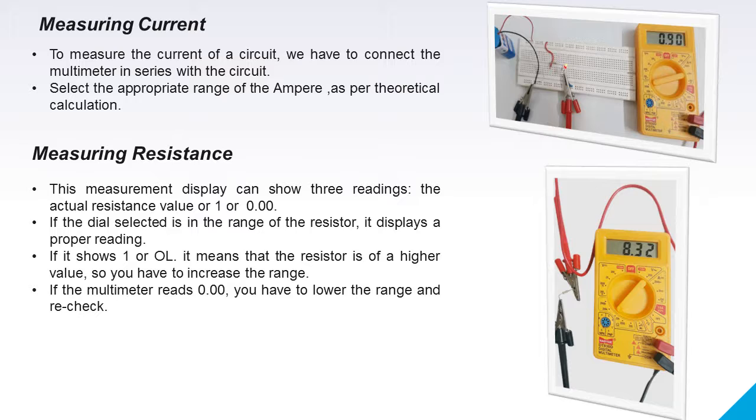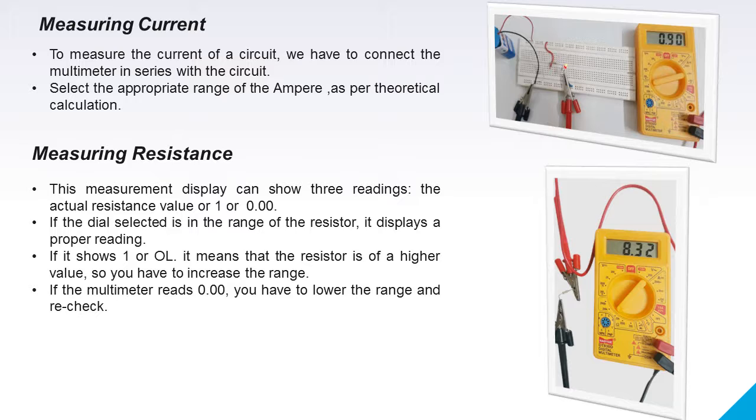Put the selector switch in the resistance mode, and you will see the value of resistance, that is 8.32 ohm. It means you have selected the correct range, so it will show the actual value. But if it shows 1 or 0L, it means that the resistor is of higher value, so you have to increase the range of your multimeter.